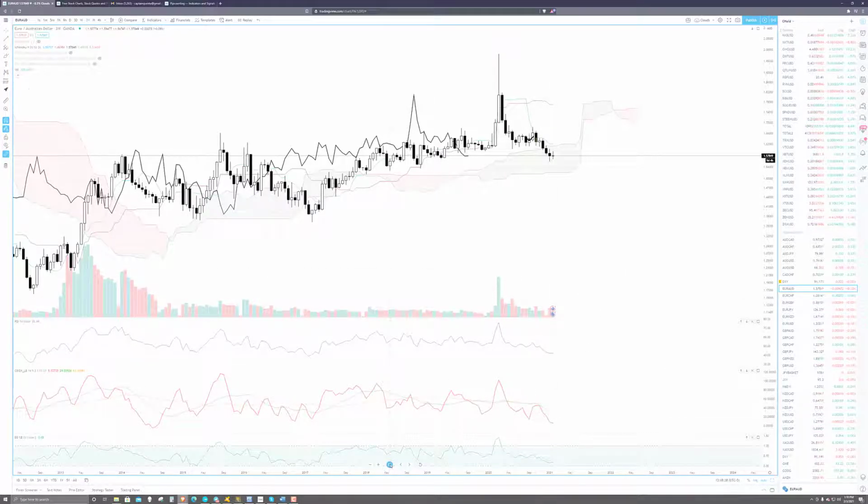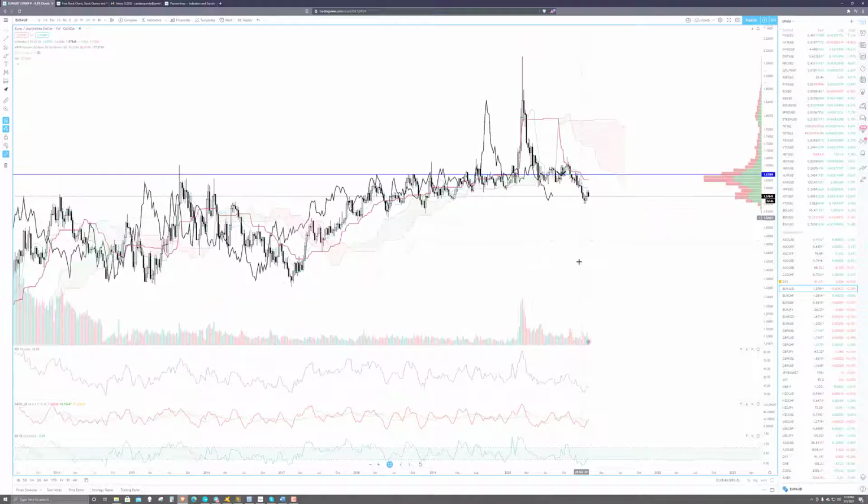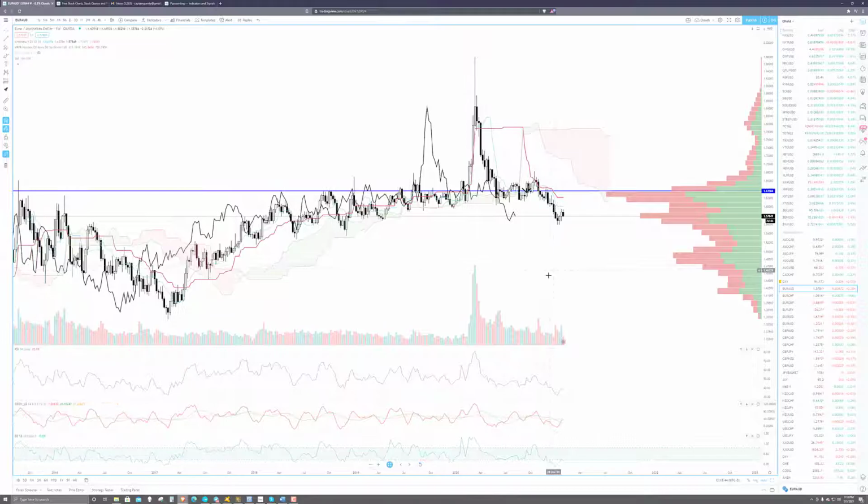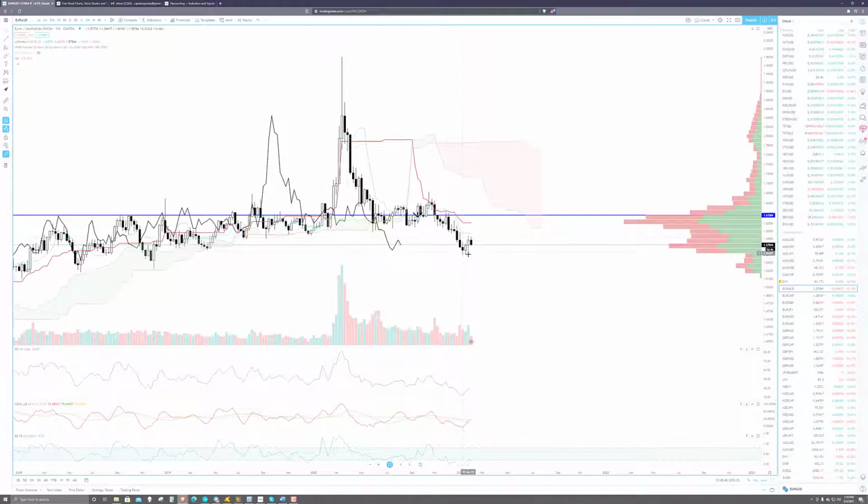Now, let's go take a look at the weekly chart. A little bit different scenario here. So we had last week and the week before, pretty nice big bounce, nice little relief rally there. The %B is still below 0.2.